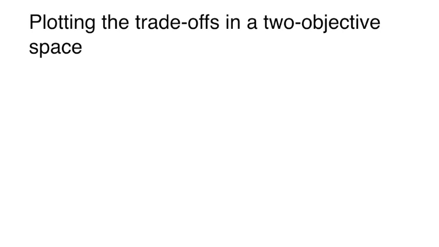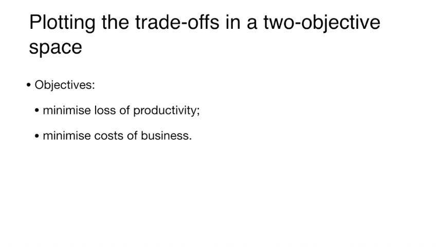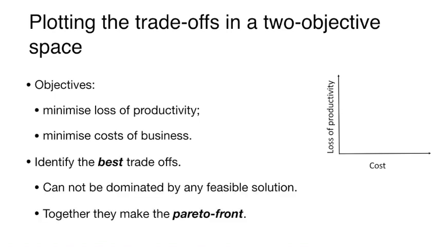Let us now visually see how to plot these trade-offs in a two-objective space. So here's a business that wants to minimize its loss of productivity, but at the same time wants to minimize the cost of running the business as well. Let us now plot different business strategies as dots on a two-dimensional plane and see the trade-offs they offer.